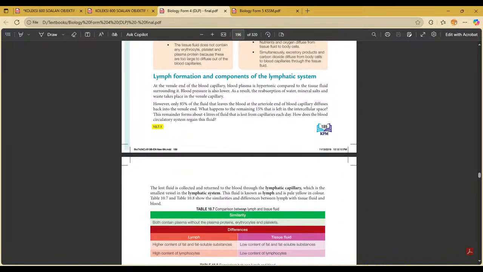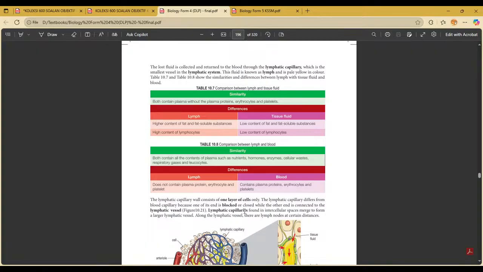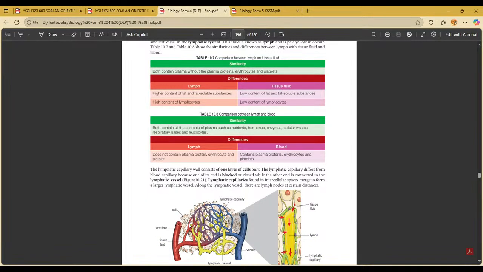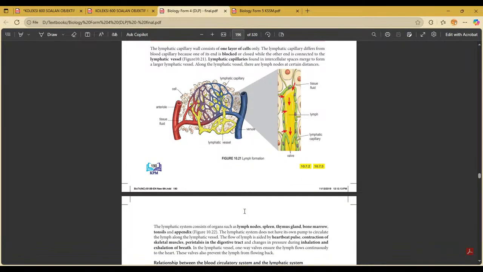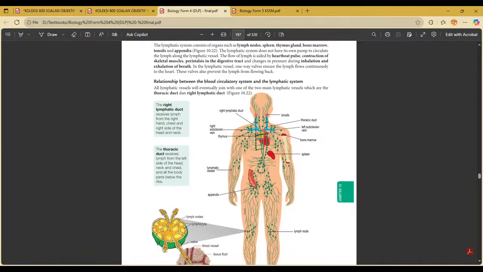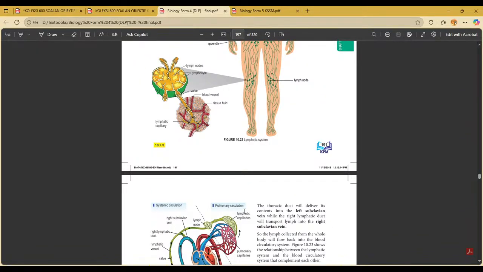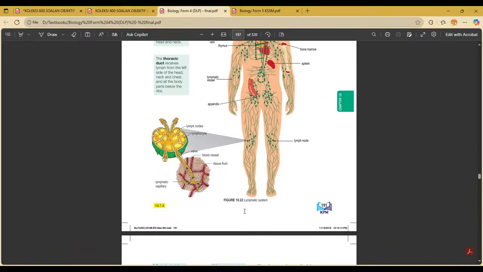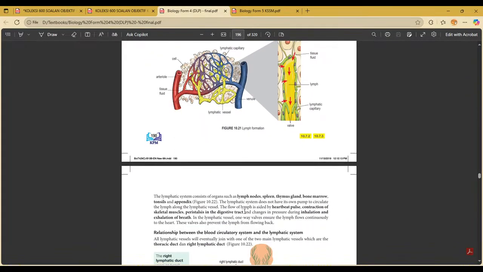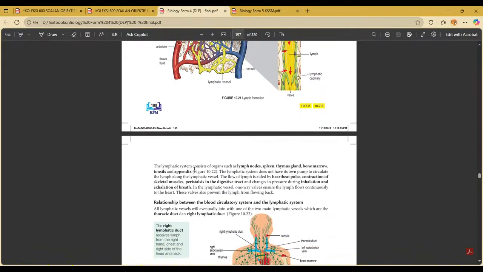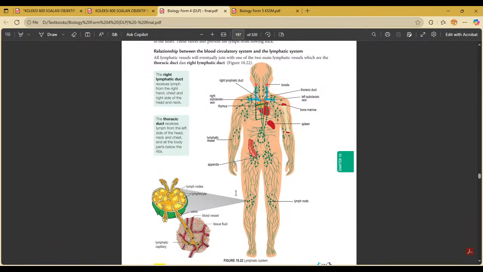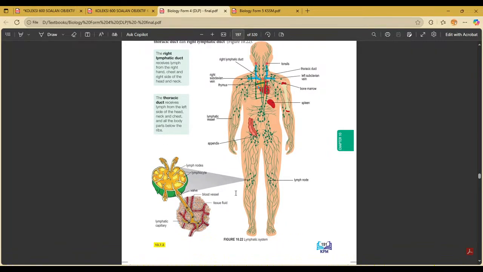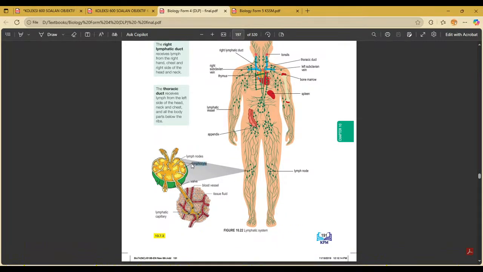Okay, what does a lymph node do? Why does it not say what lymph nodes do? Lymphocyte.